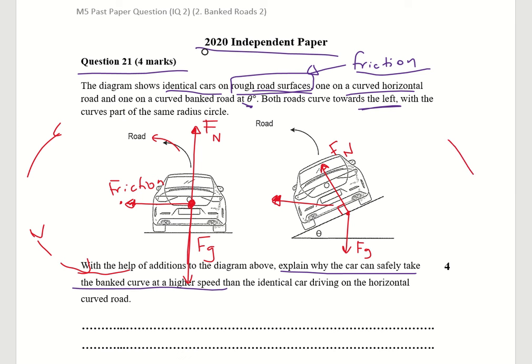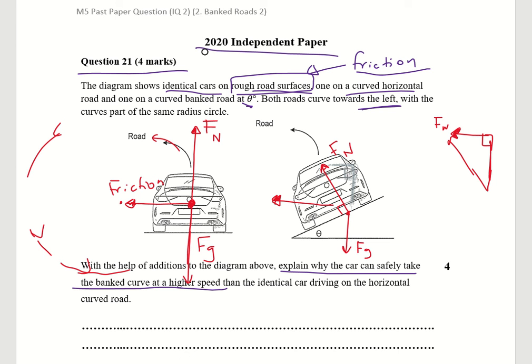So if I just draw Fn out like this, and then we'll draw another angle here, it's a right angle triangle. So just so you can picture with me, it kind of looks like that.